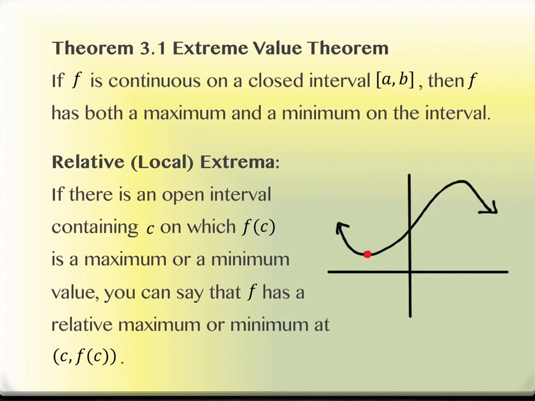But this one right here is what we would call a relative minimum value. And this one is a relative maximum value. And what it really means is that there's some sort of area around here where it's the smallest, right? And there's some sort of area around here where it's the biggest.